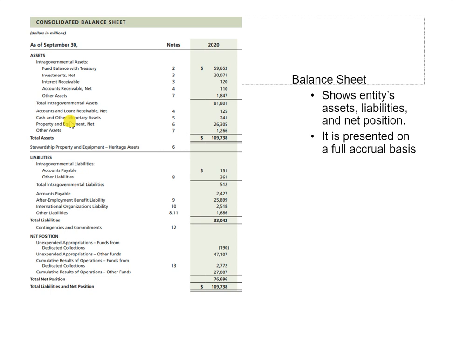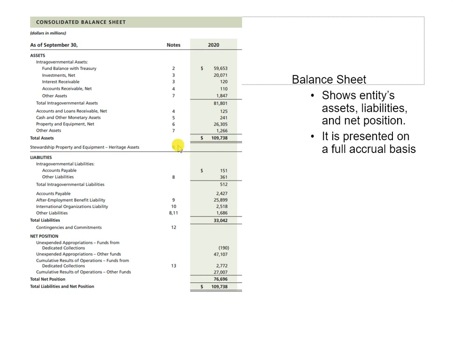So all these are included in the PP&E assets. And then the department also has a $20 billion investment. Most of these are government treasury notes or treasury bills. Stewardship properties and equipment are not reported, but disclosed.